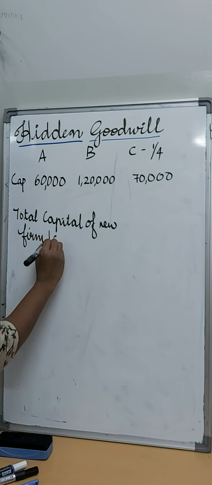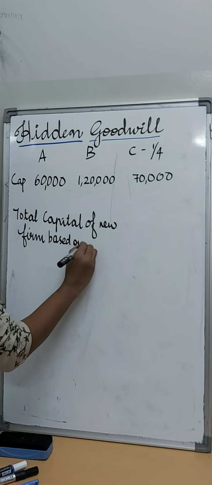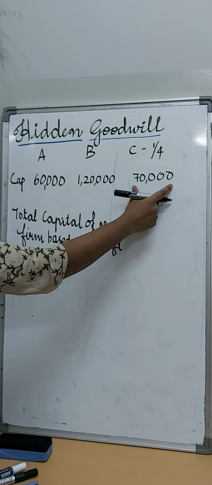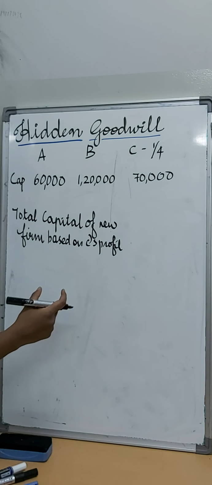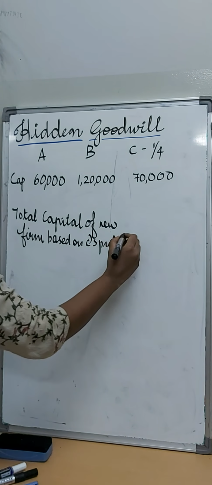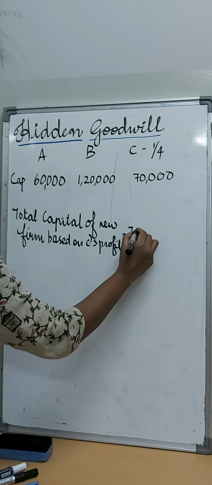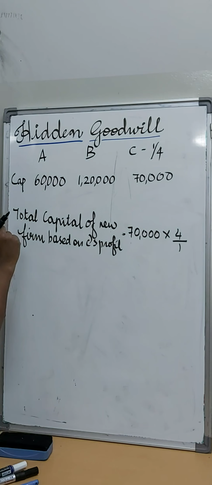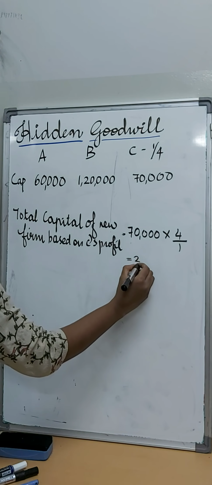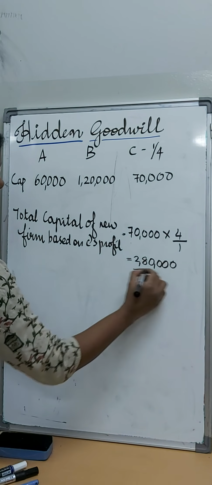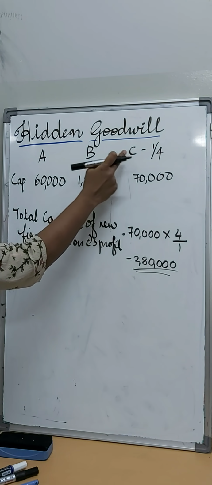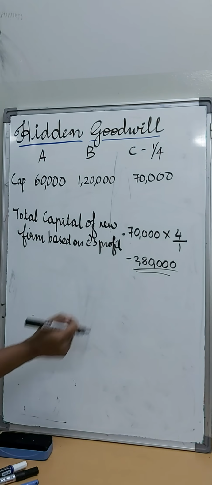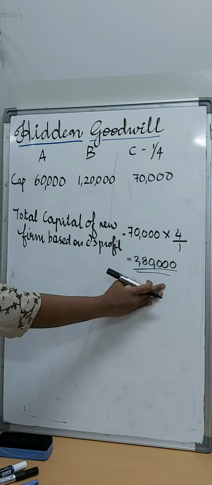The total capital of the firm would be C's capital multiplied by the reciprocal of C's share of profit, 70,000 into 4/1, that comes to 2,80,000. So for 1/4th share of profit, C is bringing 70,000, then the total capital would be 2,80,000.